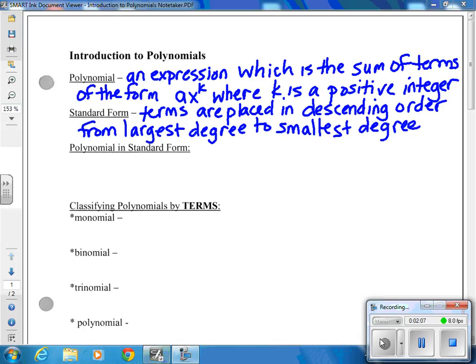So essentially what that means is that you are rearranging them and putting them in order from highest exponent to lowest exponent, and it must remain in that order.